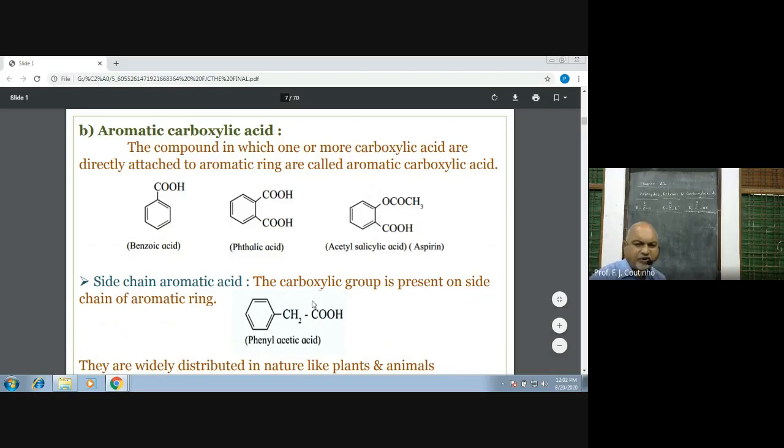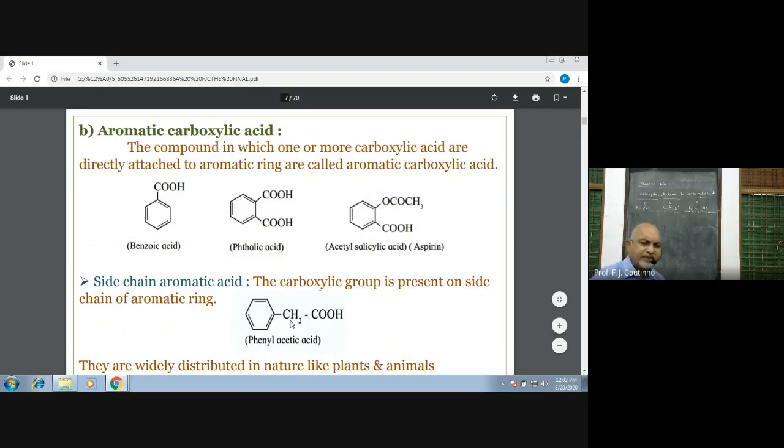So how is this acetic acid formed? Don't think that this phenyl ring is not there. Now there are carbon and 2 hydrogens. And here there is a bond. So what will be the valence of this carbon? 2 and 1, that is CH2 single bond, 3. The valence of this carbon will be 3 only.